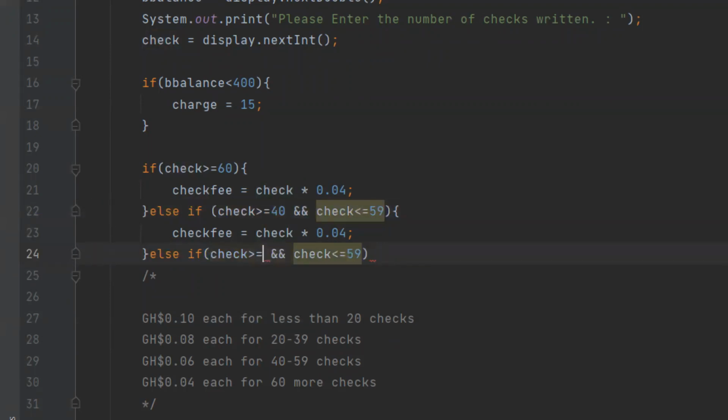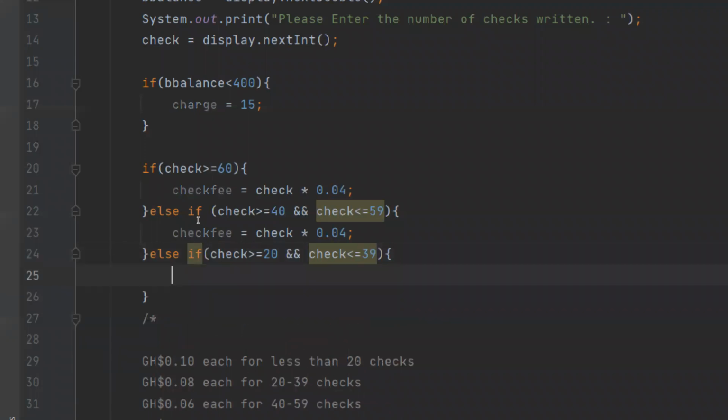So over here, if you fall between 20 and 39, then we are going to charge you 0.6. Then over here, we are going to charge you 8.